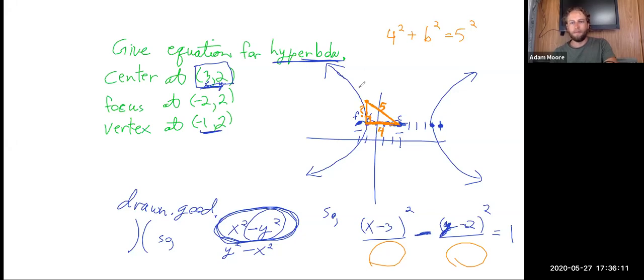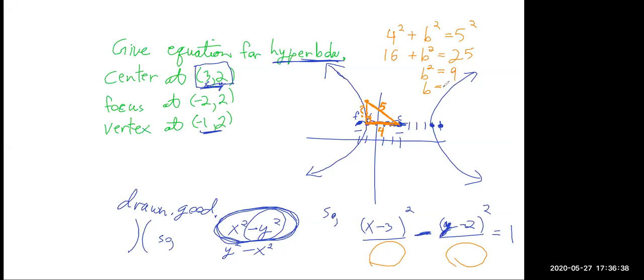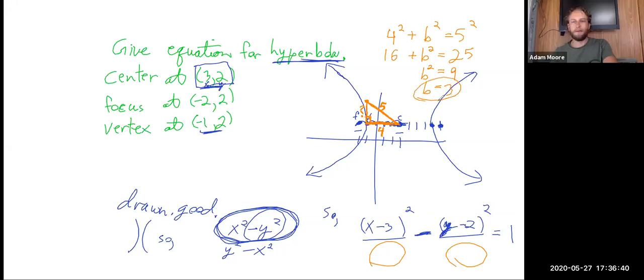We don't really know what this part is, and we'll just run the numbers. That's 16 plus b squared equals 25. 25 minus 16 is 9. So then b must be equal to what, guys? Something squared equals 9. What's b equal? 3. Yes, it's 3. So you got b equals 3.